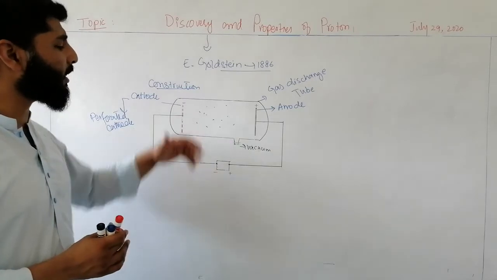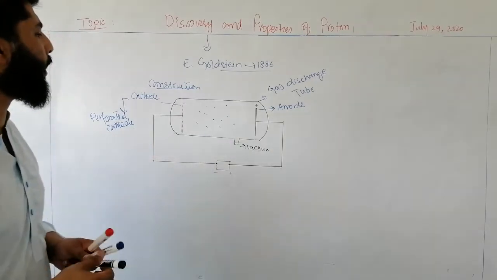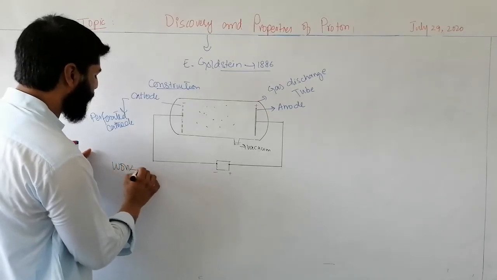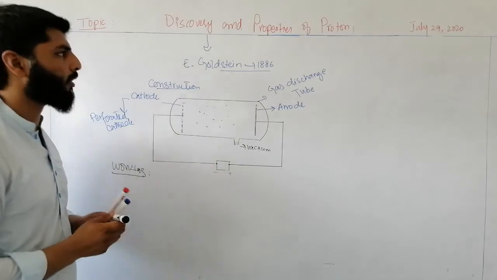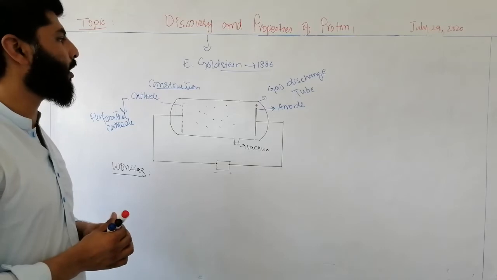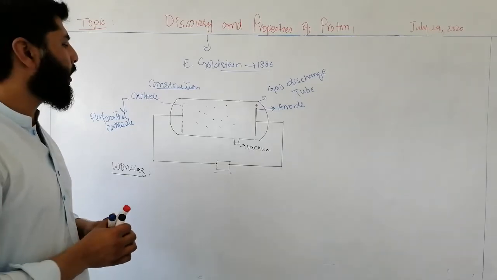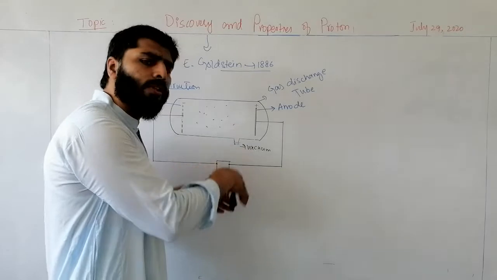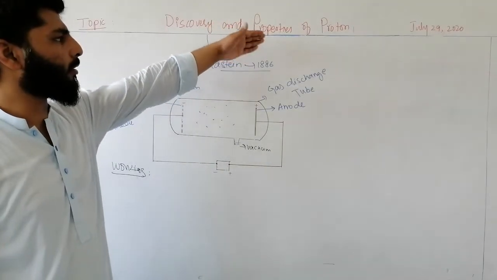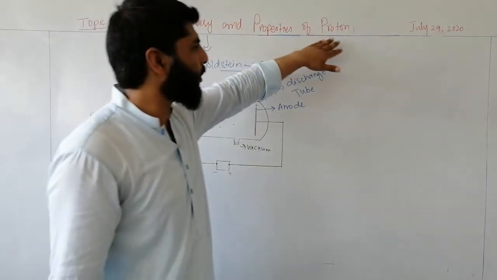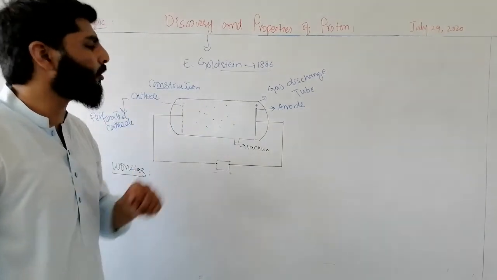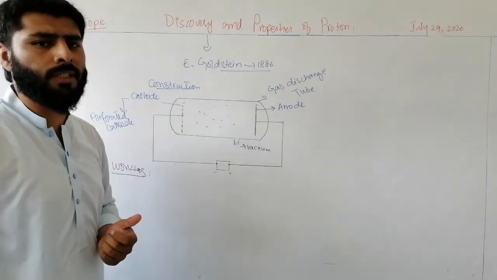Students, after devising this instrument, he performed the experiment, which is the working of the discharge tube designed by E. Goldstein. He reduced the pressure and applied higher voltage, just like J.J. Thomson in the discovery of cathode rays, and he observed the production of cathode rays.